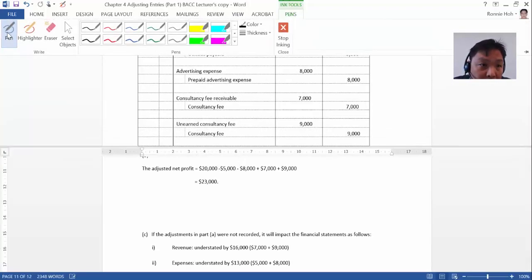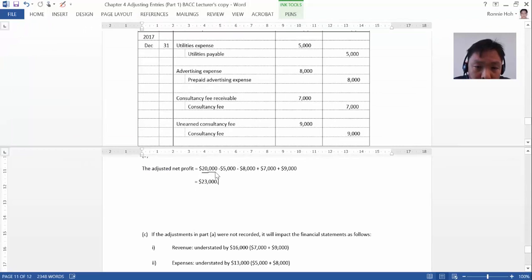Go to pens, and there we go, 20,000. And then we look at the adjusting entries up there. So we need to identify all the revenue and expense accounts, because only revenue and expense accounts will affect the net profit.